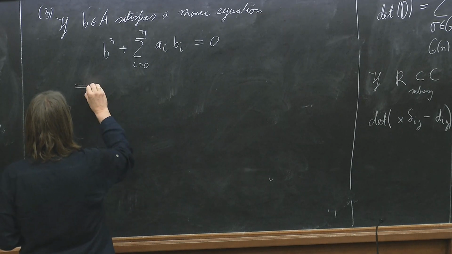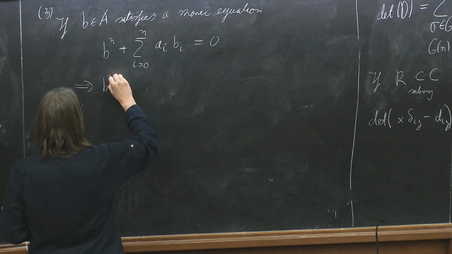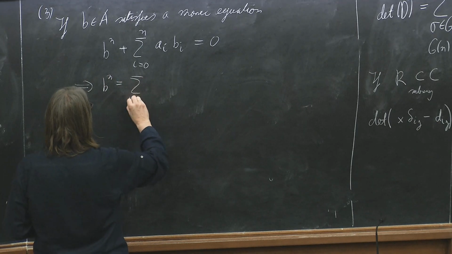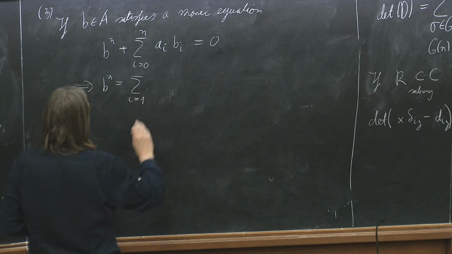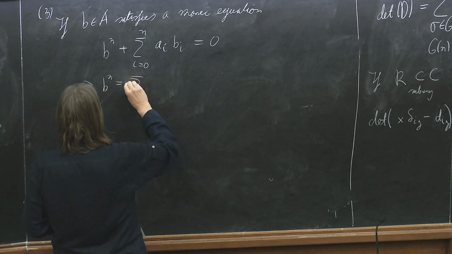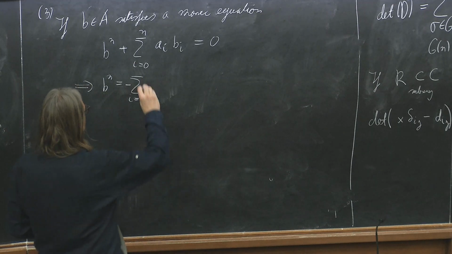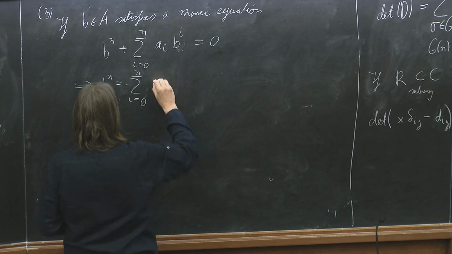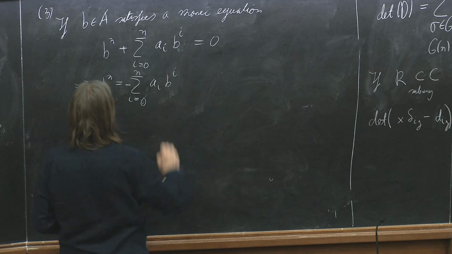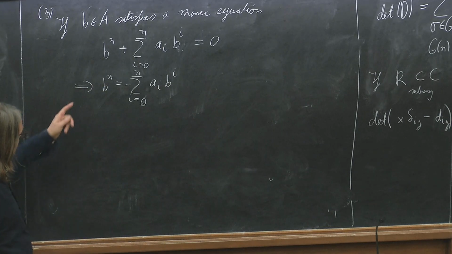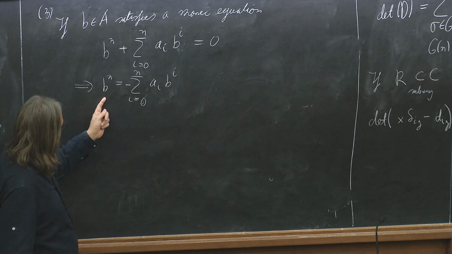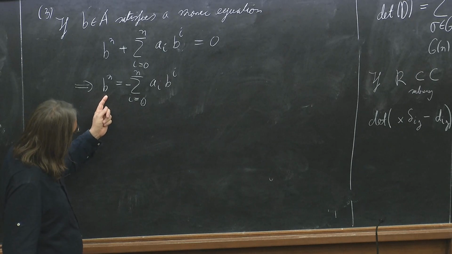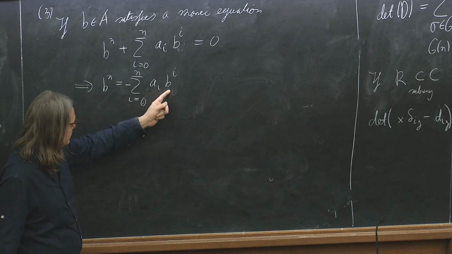Then it follows that b to the n is equal to minus the sum i equals 0 to n minus 1 of ai b to the i. So that means every power of b which is larger or equal to n can be expressed in terms of the lower powers.